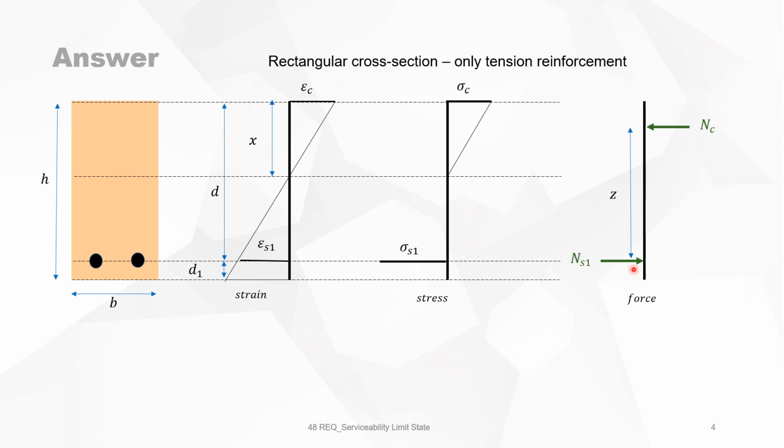The distance between is the lever arm Z. The distance of the concrete compressive force to the top fiber is x over 3 because this is a triangle. And this must be in equilibrium with the bending moment MSD.